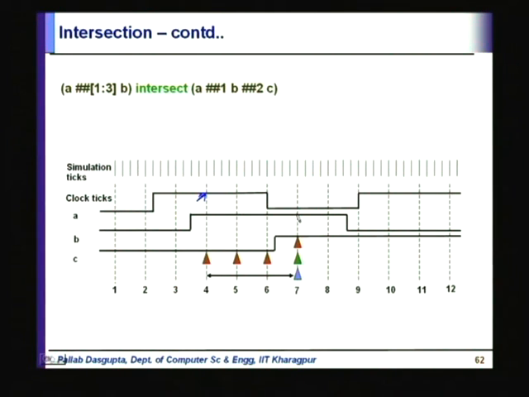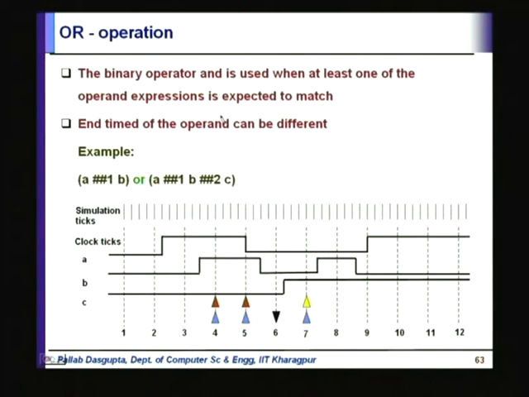Here we get B. So, this one matches here, and this one also matches, because you have A, then you have ##1 B, then from here after 2 cycles you get C. So, this one also matches here. Now, because both of them match at the same place, there is a match of this intersect, otherwise there is no intersect, right.